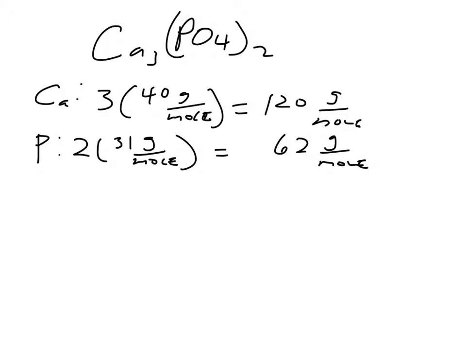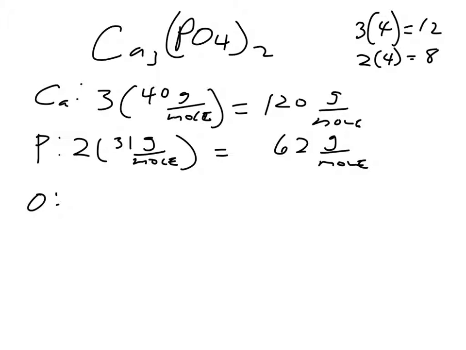And then we've got to have oxygen. Now in this case, a lot of kids will start just adding. This is not adding, it's multiplying. No different than a quantity in math. If you were to go 3 times 4, that's going to give you 12. 2 times 4, well, that's going to give you 8.